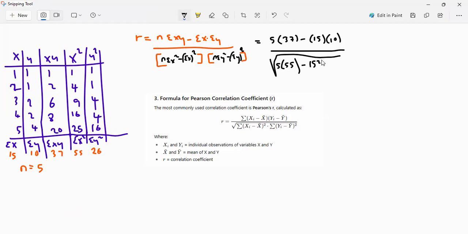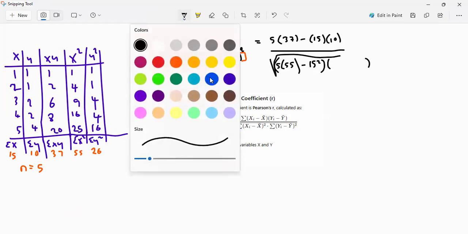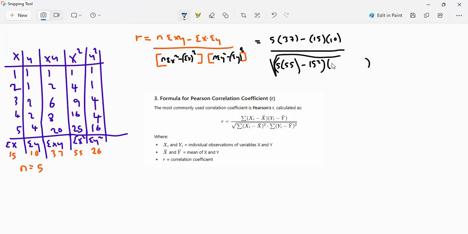So that is for the variation in x. That's the variation in y: 5 times summation of y squared, 26, minus summation of y to the power 2, 10 to the power 2. Okay, all together with the computation here.